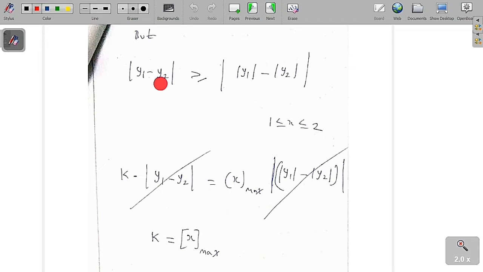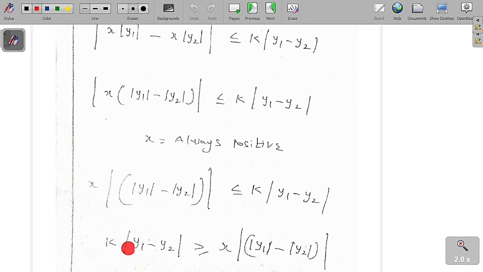So mod of y1 minus y2 is always greater than or equal to mod of y1 minus mod of y2 overall mod. Always x lies from 1 to 2. Here you can see clearly that k into mod of y1 minus y2 is always greater than or equal to x into mod of y1 minus mod of y2.